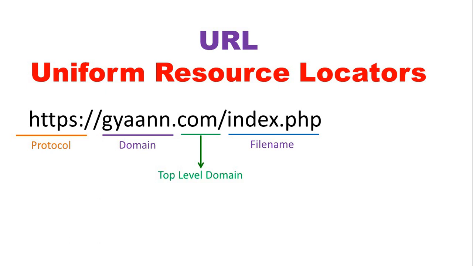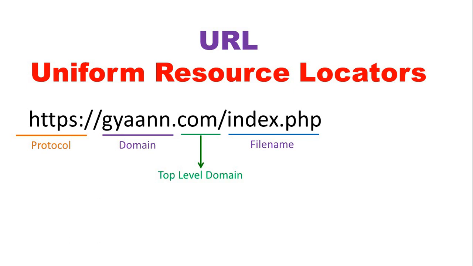Let us understand what is URL. So we have to type the URL in the browser, and after that we can access the website. So what is URL? Uniform resource locator.